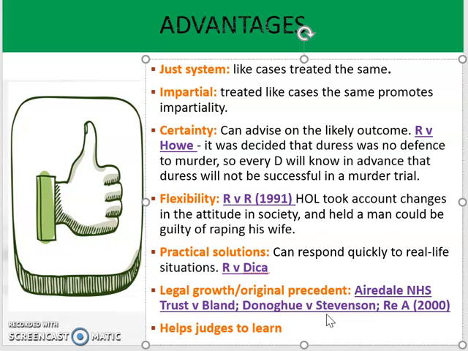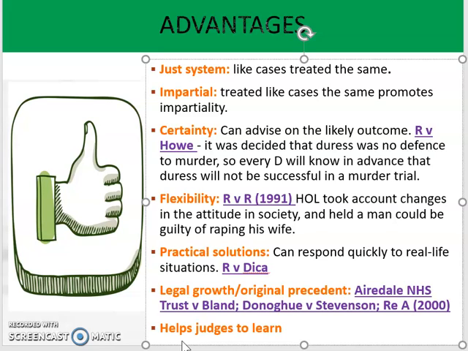And another major advantage of precedent, of course, is that it helps judges to learn. So inexperienced judges or new judges that are being appointed to the lower courts in the hierarchy, they are applying the decisions from judges in higher courts. And in that way, they are learning from their more experienced brethren.